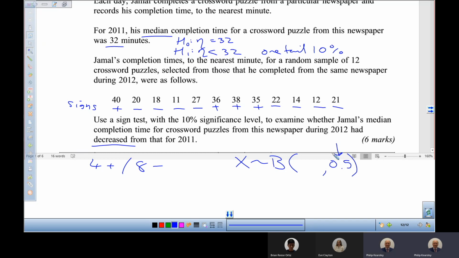Sample size of 12, thankfully, sample size is still 12. And using 12 and 0.5, we can either test 4 or 8. The choice is yours. If you choose the 4, 4 is your upper. If you choose 8, 8 is your lower. Okay?